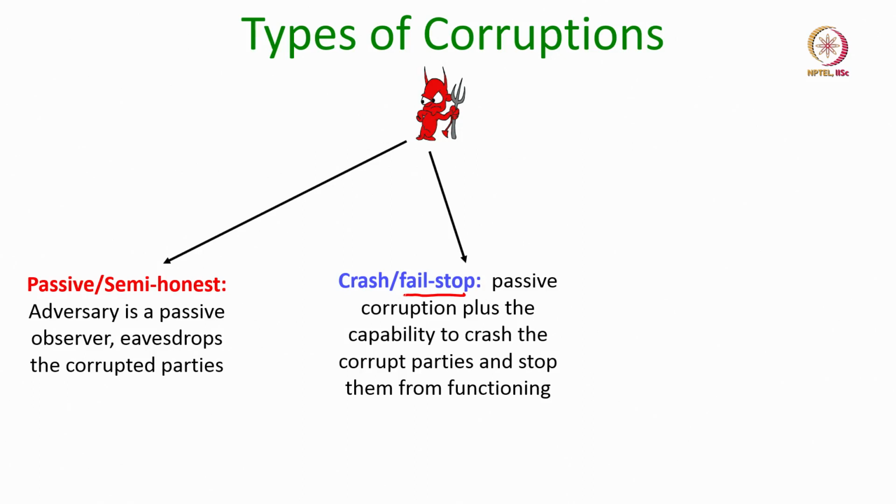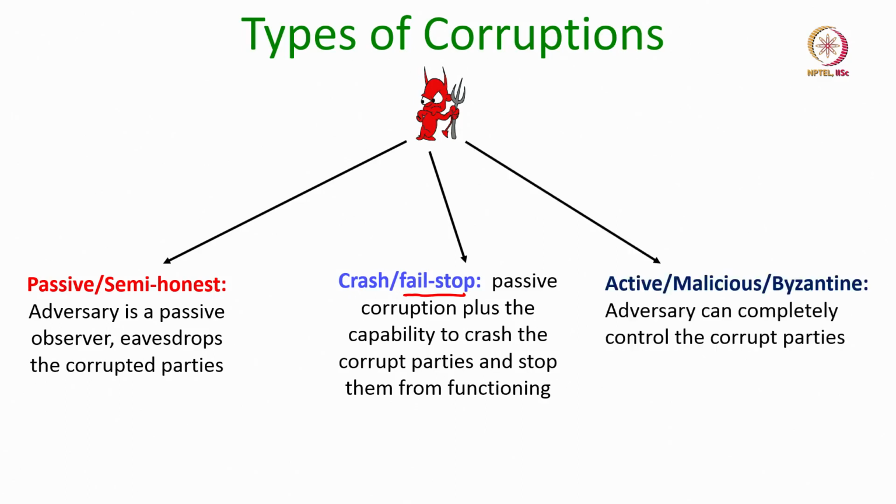That is the crash adversary, but I stress that as long as that party is alive during the protocol execution, it will behave as if it is under the control of a passive adversary. That means, it cannot deviate from the protocol instructions. And the most powerful form of corruption is the active corruption, which is often called malicious corruption or Byzantine corruption.